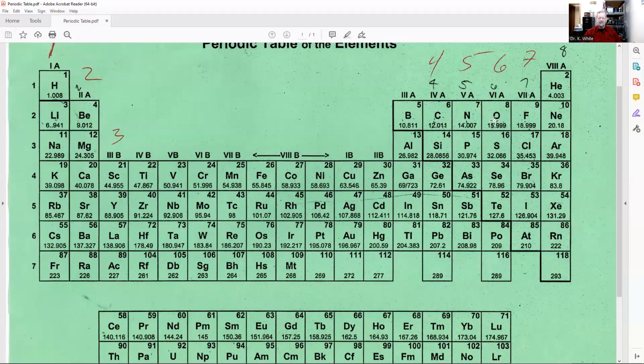You should know oxygen's chemical symbol is O. The number of electrons and protons are equal to the atomic number. Look in the upper right-hand corner, 8. That's the atomic number of oxygen.